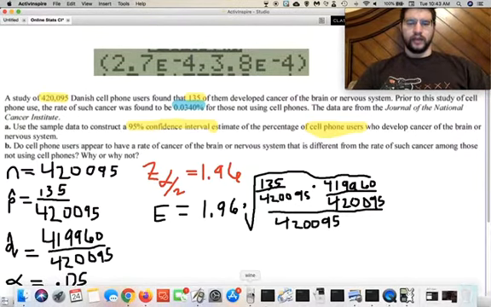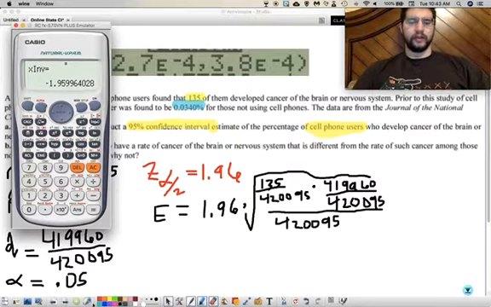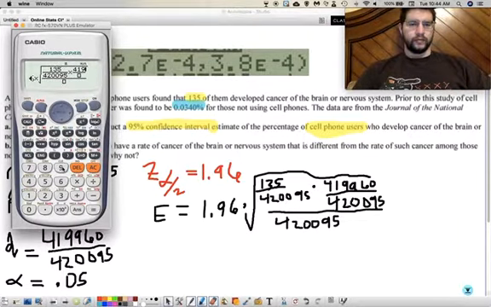So grab yourself a calculator. I'm going to use a Casio to save some time, and if you have a TI, just type it in and get the answer immediately. Mode 1, 1.96 times the square root of a triple fraction, times, and put that over our n.